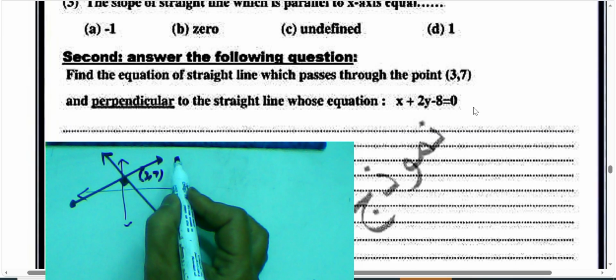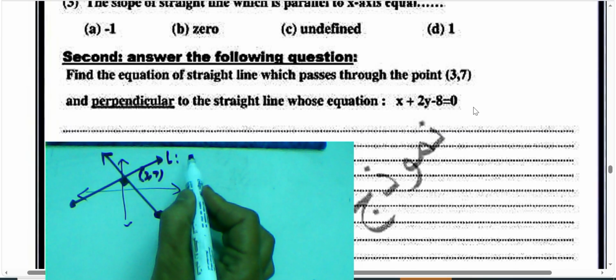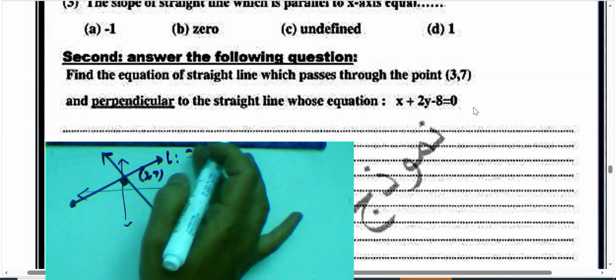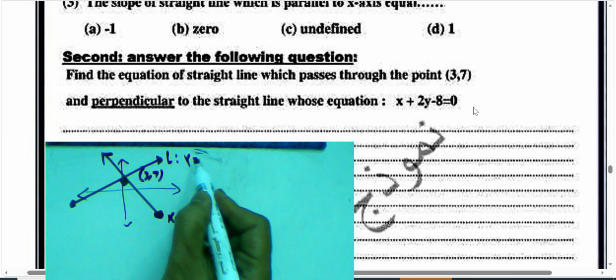I will put the equation here as L, such that y equals mx plus a constant. They are perpendicular, which means slope 1 multiplied by slope 2 equals negative 1. Then we can find the slope here: it equals the negative coefficient of x over the coefficient of y. The coefficient of x is 1, so the slope is negative 1 over 2.